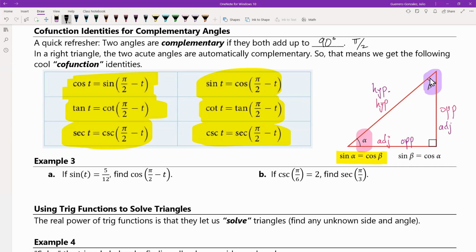Sine of alpha is equal to the opposite divided by the hypotenuse. And the cosine of beta is the adjacent over the hypotenuse.